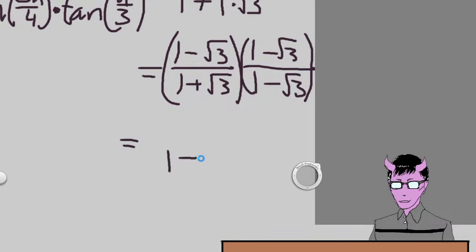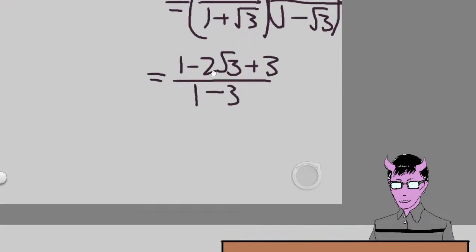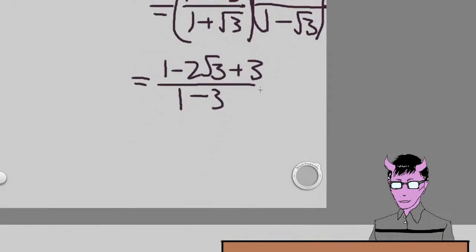Root 3 times root 3 is 3. Top portion is binomial expansion, so that one squared, and then this one times that one times 2. Negative times negative is positive 3. Alright. Do we get something nice? I hope so.